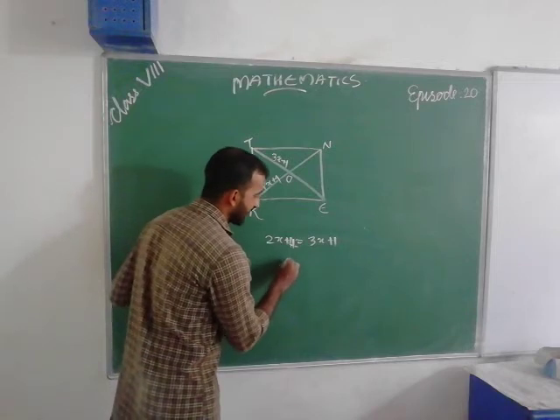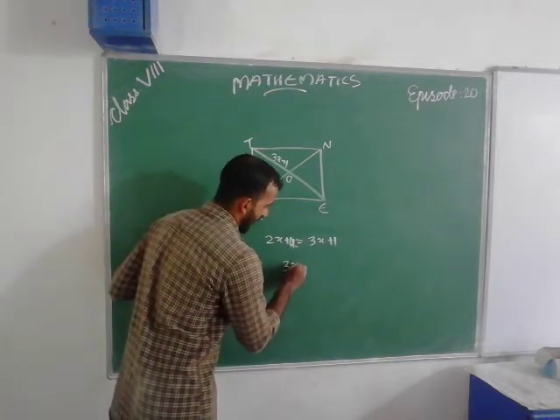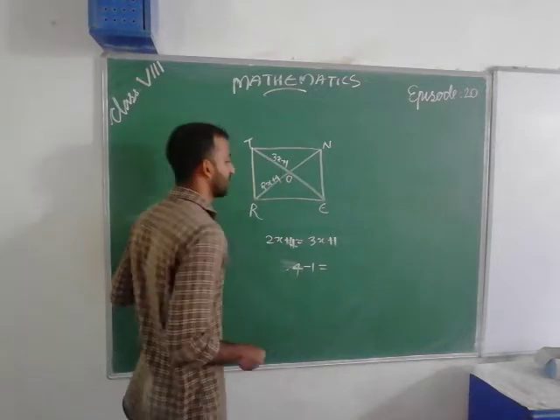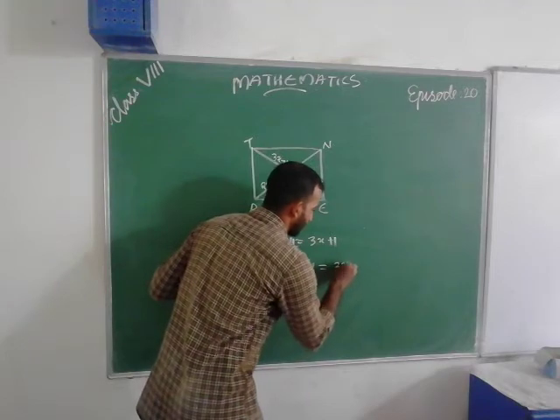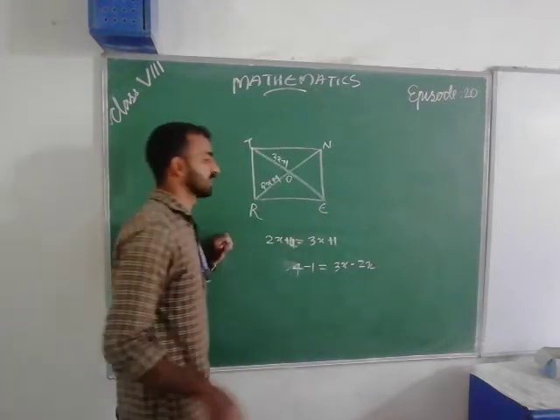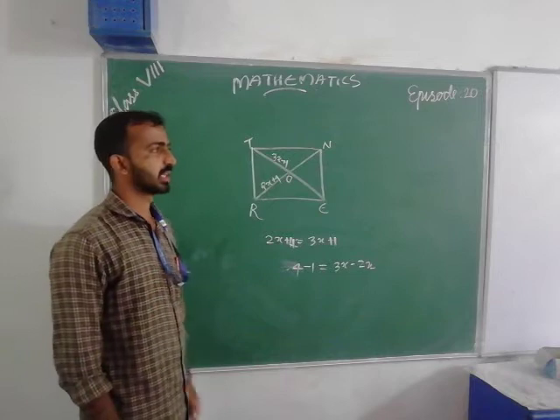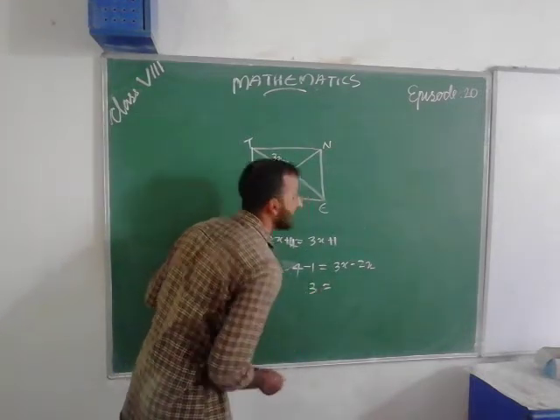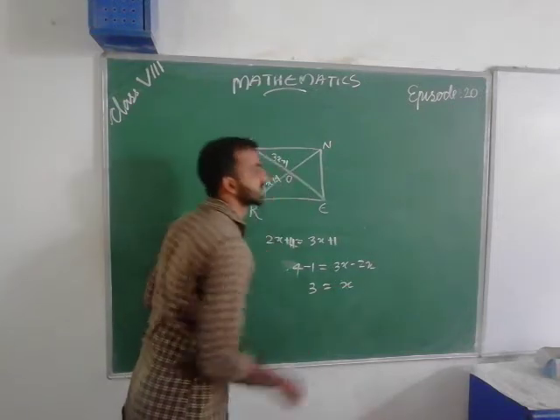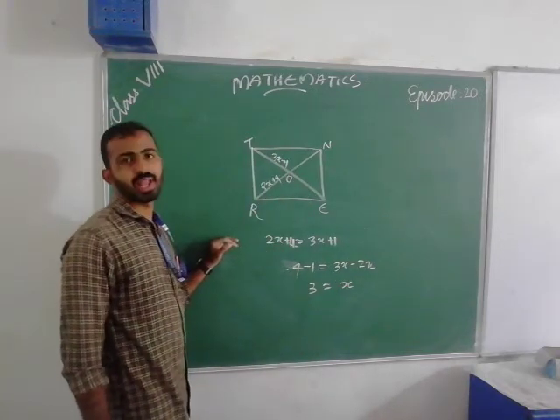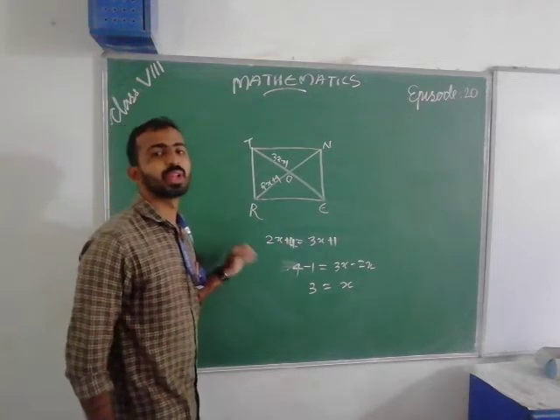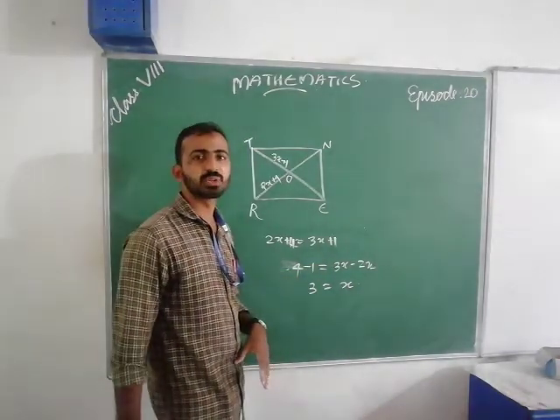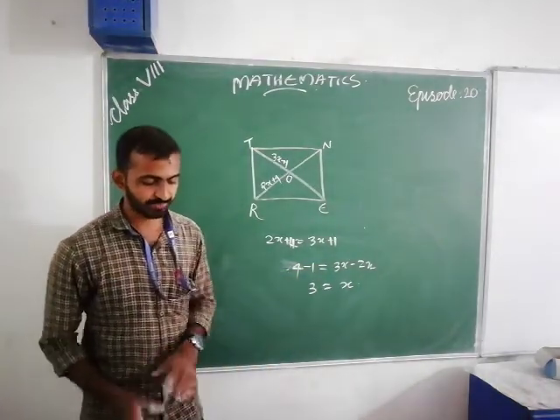Next step, we can write 4 minus 1 equal to 3x minus 2x. So 3 equals x. The solution is x equal to 3.